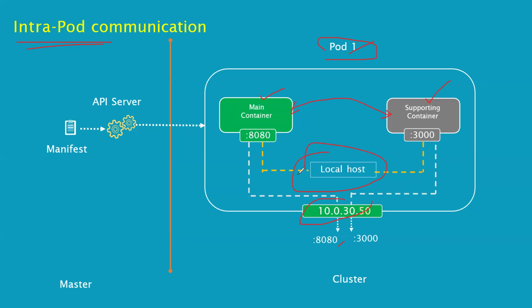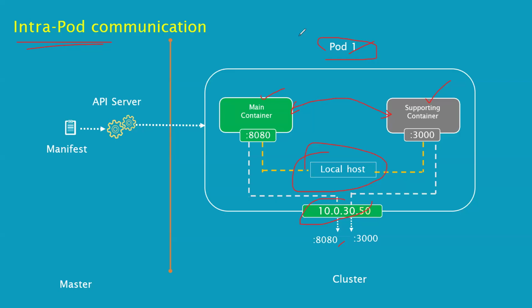Am I clear? I'll show you all these things once we start with the implementation, how we can access them one by one. So that's it about your pod communication.